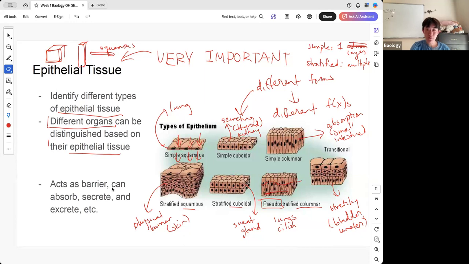Ciliated columnar? I'm pretty sure only pseudostratified columnar exists. Is there ciliated simple columnar epithelium? Oh, maybe there is. Okay, never mind, I guess I lied.